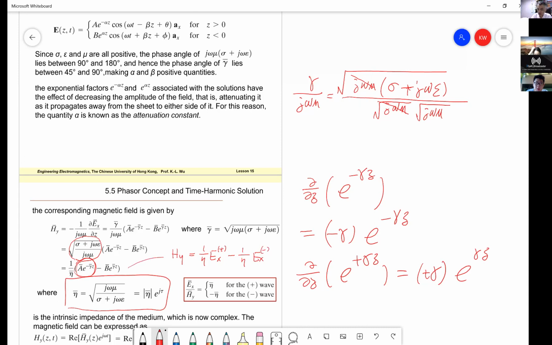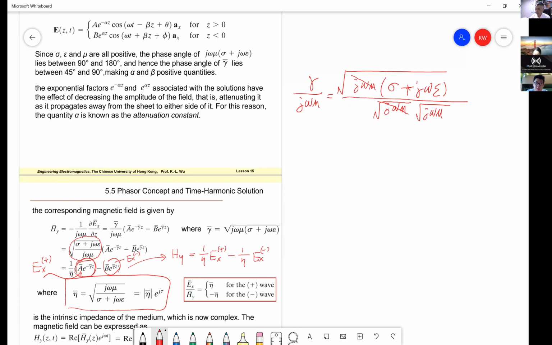So A times this is my Ex positive, and this is Ex negative. This follows our definition.